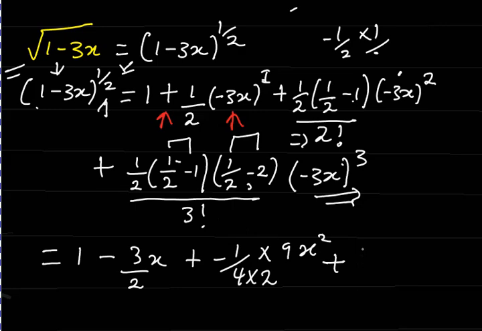So 1 all over 8 divided by 3 factorial, that's going to be 1 all over 8 times 6, since 3 factorial is 6. Then of course, this right here, if I work on it, minus 3 cubed is going to give me minus 27, of course, then x raised to the power of 3.